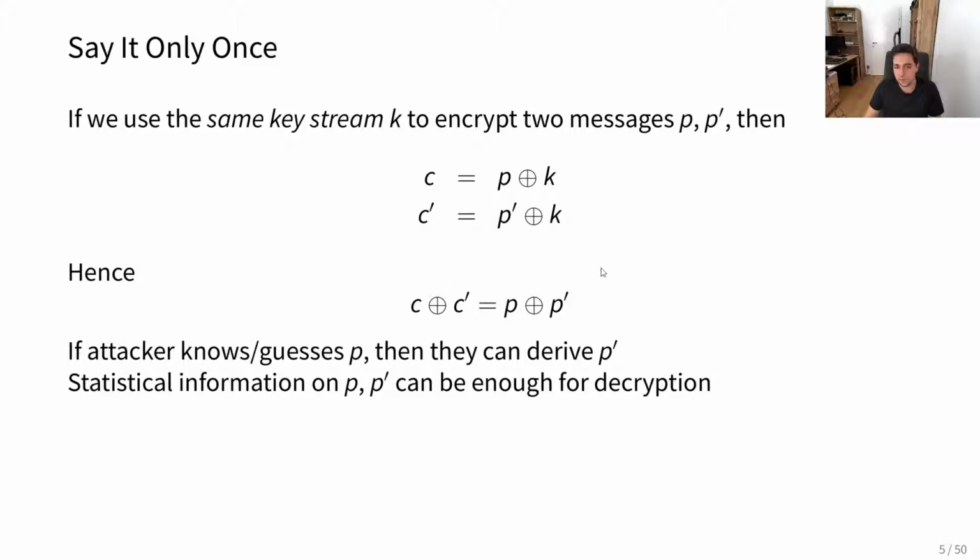But we have this relation here, which means that if we know one of the plaintexts, we can derive the other. Also, the statistical information coming from this relation may be enough to decrypt it. So what we don't want to do is use the same key stream for 2 different encryptions.